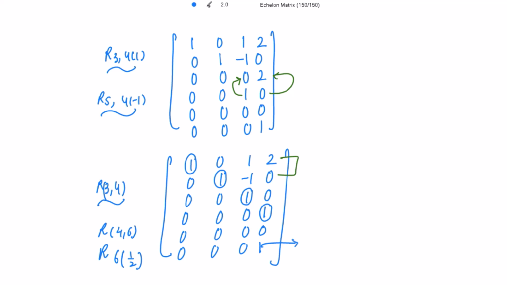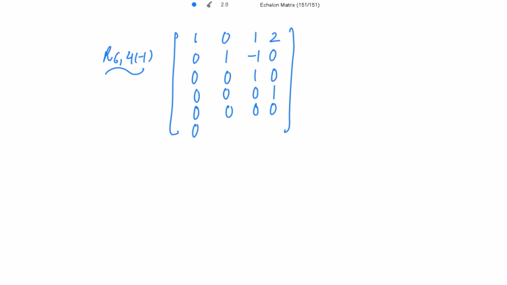I need to make this last element also 0 to have a beautiful echelon form matrix. For that, taking the help of the fourth row, multiplying the fourth row with -1 and adding its elements to the last row. So the last row is changed into 0, 0, 0, 0. All the elements below the leading elements are 0, right? So this is your reduced echelon form matrix.